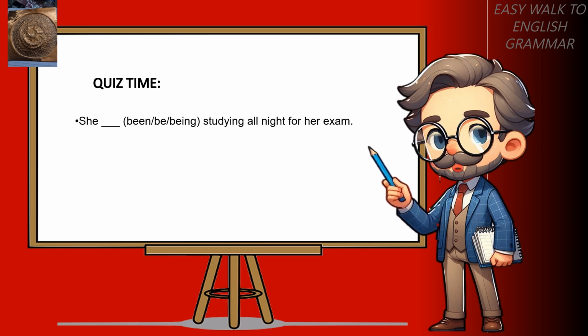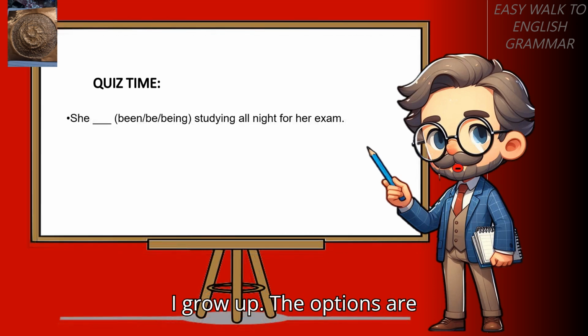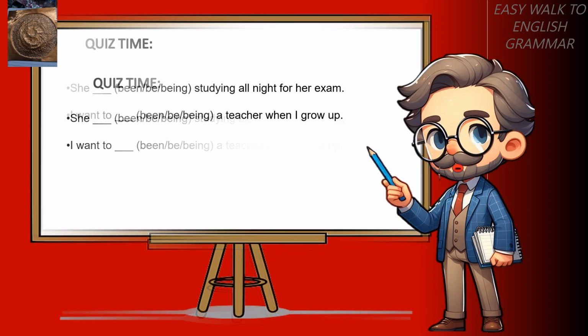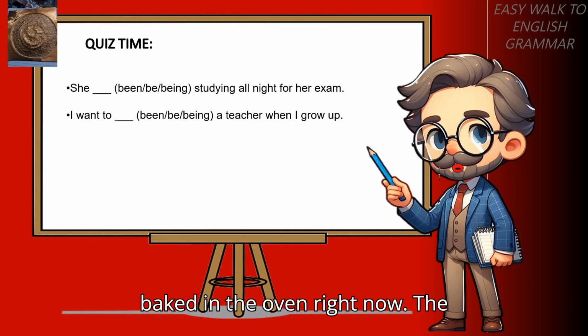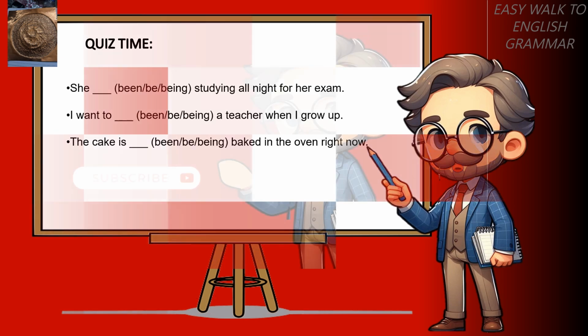She blank studying all night for her exam. The options are been, be, being. 2. I want to blank a teacher when I grow up. The options are been, be, being. 3. The cake is blank baked in the oven right now. The options are been, be, being.